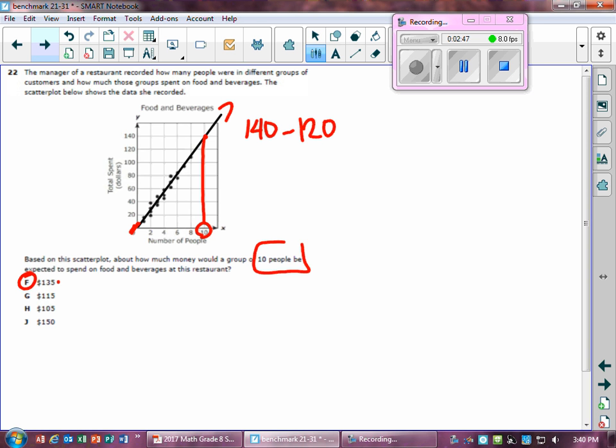I can say that because at 8 people I'm already between 100 and 120, so my 10th person is not going to be in the area of 105 to 115. And as we notice, the amounts are growing slowly, not quickly, so 150 can't be, that's way too high. So our answer is 135.